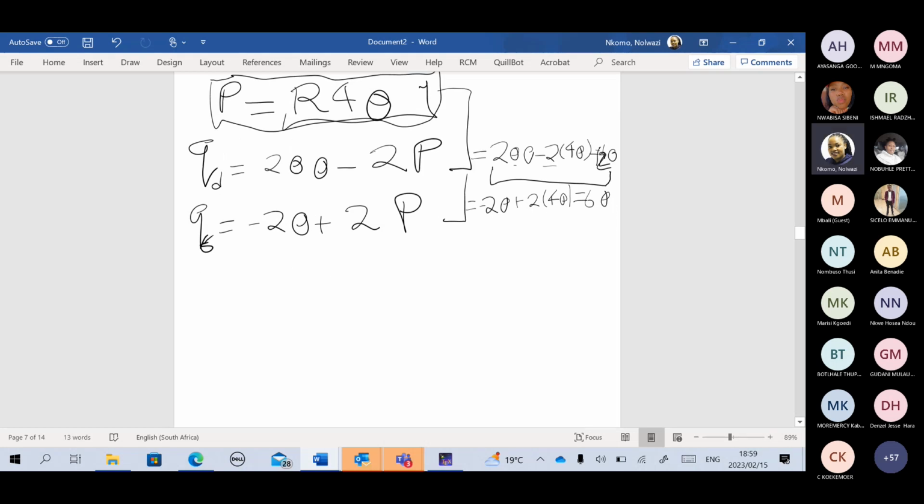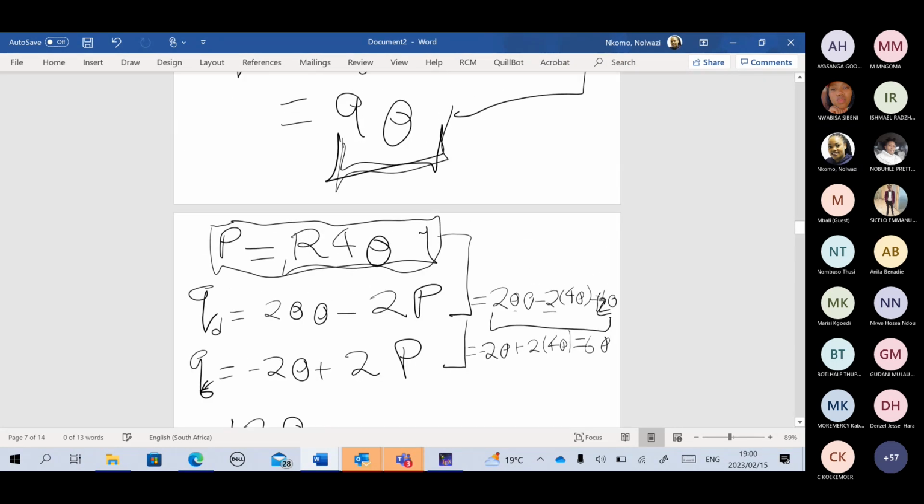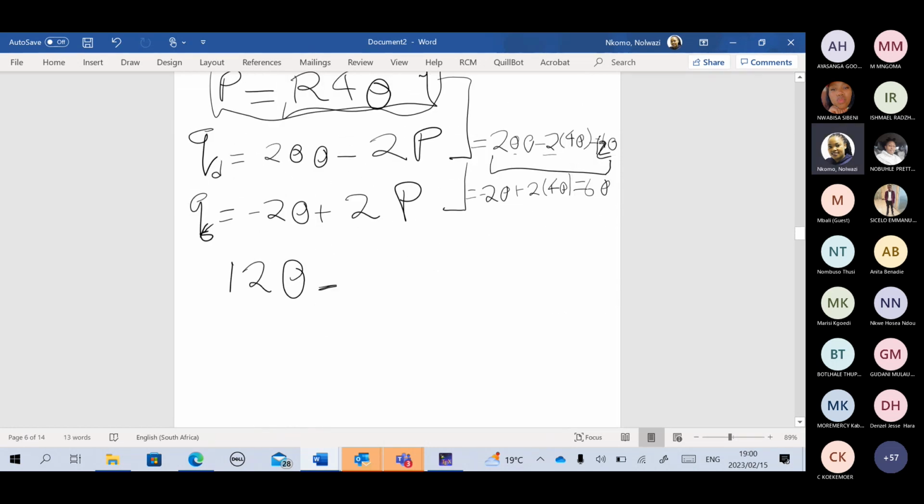Okay, but then we need to calculate the shortage. We said the quantity demanded is now 120, but the quantity supplied is 60, right?